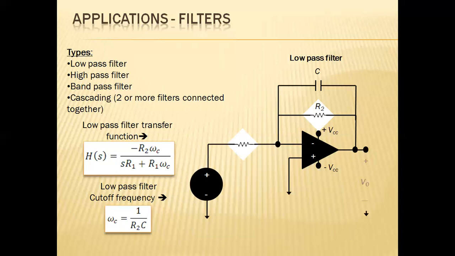These filters have been characterized or classified into three different types, and even further types as per the circuit design. Low pass filter, high pass filter, band pass filter, and cascade.